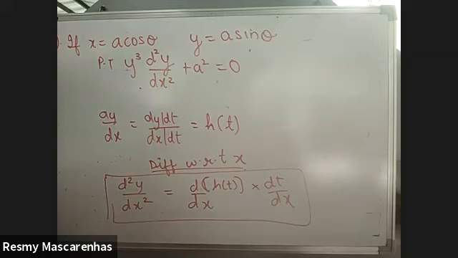If x is equal to a cos theta, y is equal to a sin theta, prove that y cube d square y upon dx square plus a square will be equal to 0.